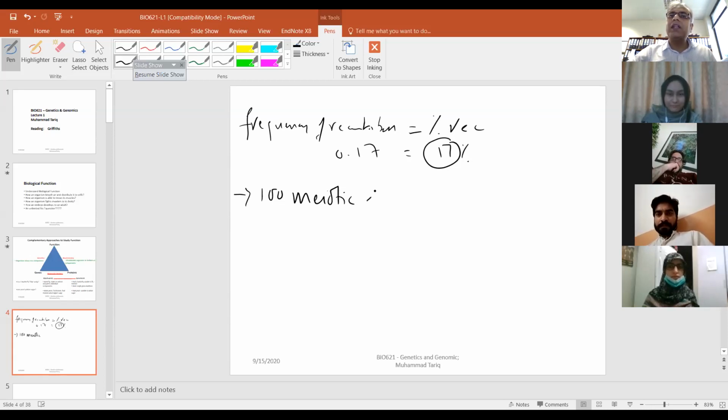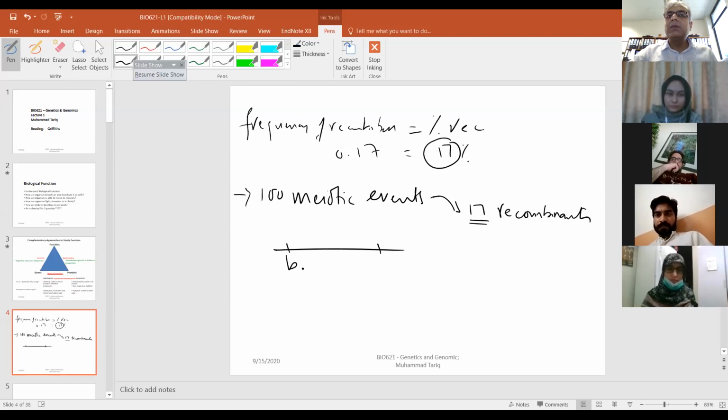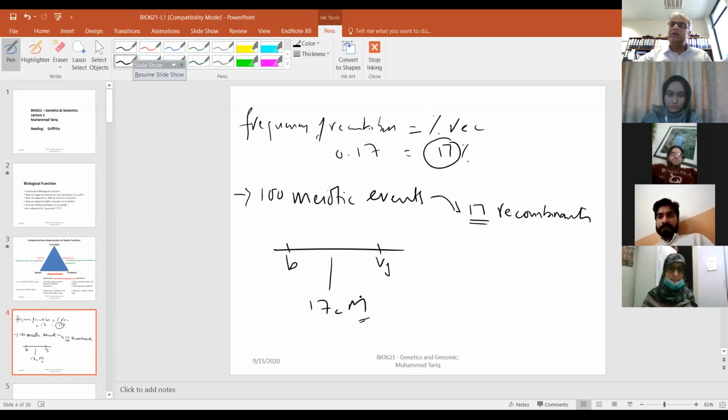If there are 100 meiotic events, and if we find 17 recombinants out of 100 meiotic events, the distance between black and vestigial is 17 centimorgan. It is not centimeter, it's a distance. So they honored their mentor by adding Morgan's name there.